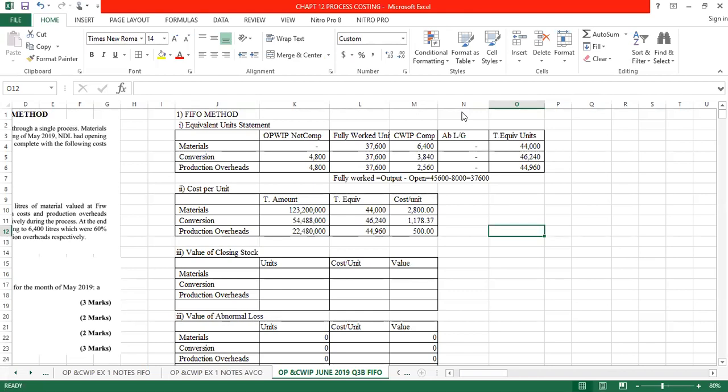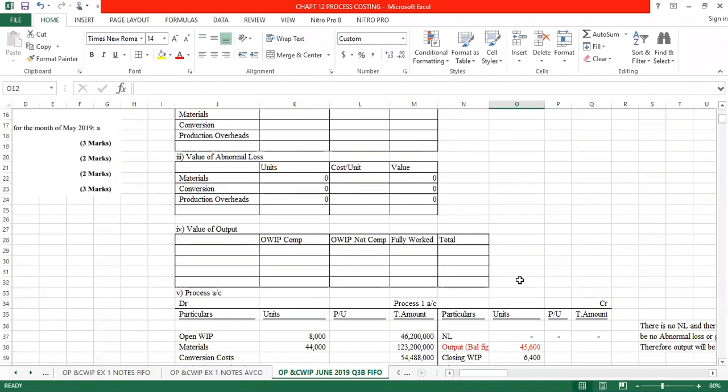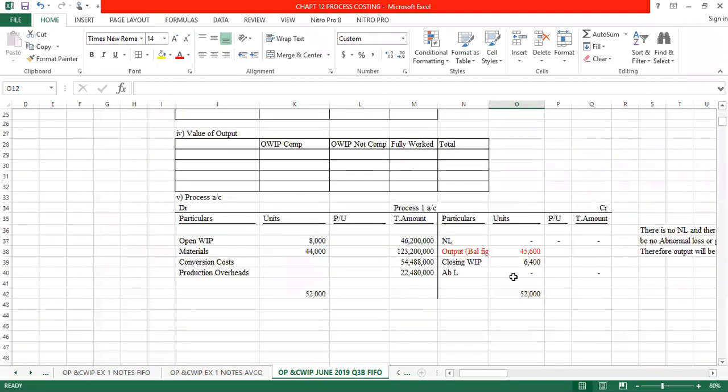Please, the only advice I can give you is go and revise the two questions. That is the only advice. Why is opening work in progress 0, but fully worked is 6,400? Fully worked, you get it from the process account. Fully worked is the output minus the opening in the process account.